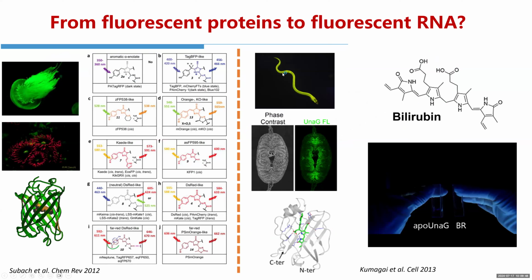Ten years ago, Miyawaki's group discovered a new fluorescent protein named UnaG. This protein was isolated from eel. UnaG binds with bilirubin, a natural fluorophore found in our bodies.